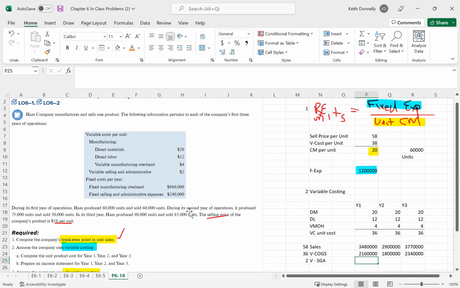Now we have to do our variable SG&A. This is going to be the $2 per unit in this case. In year 1 we sold 60,000, in year 2 we sold 50,000, and in year 3, the $2, we sold 65,000.